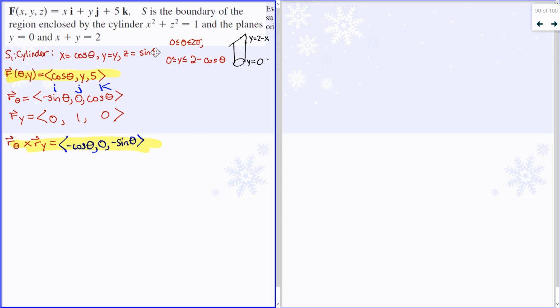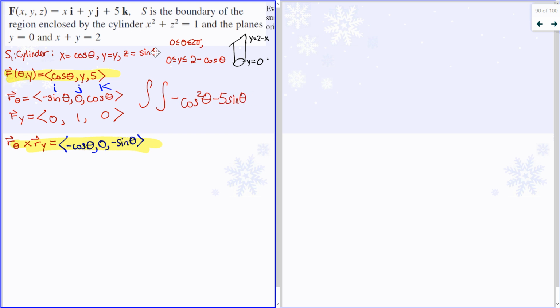Okay. So it is the double integral of the dot product of these two, if we look at the formula. What that's going to be is negative cosine squared theta minus 5 sine theta dy d theta. Really in any order, but I'll just do dy d theta.